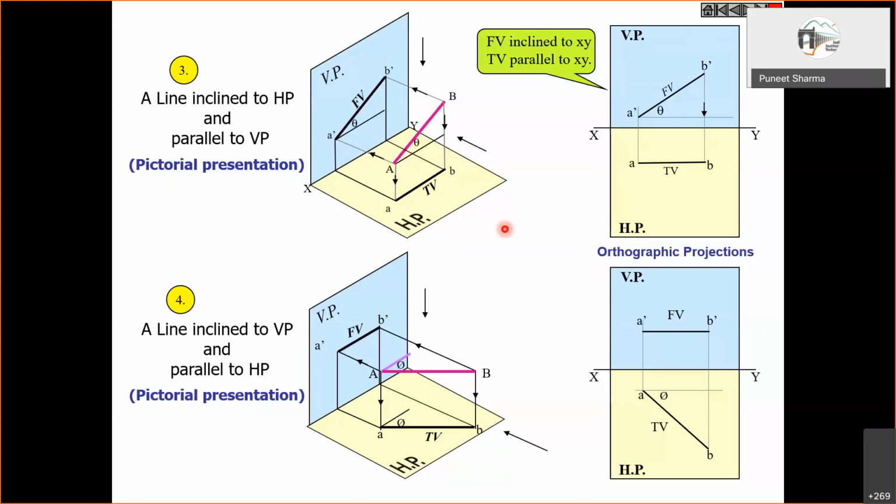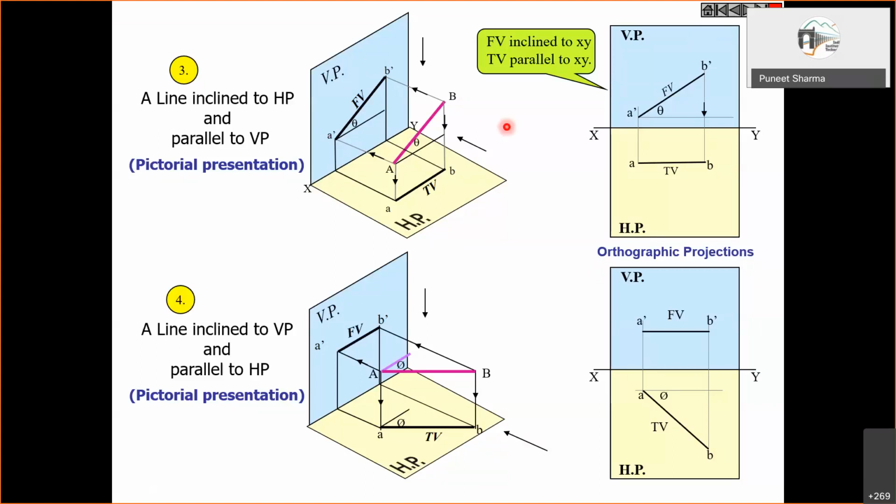Okay. So from this, of course, one thing we can consider that at least we know very well that as long as inclination of line is theta with the horizontal plane, whether it is parallel to vertical plane or not. I'm repeating.